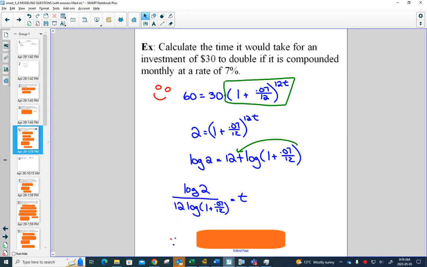Divide by the 12 and the log of 1 plus 0.07 over 12 to get the t by itself. And we get an answer, 9.93 years.